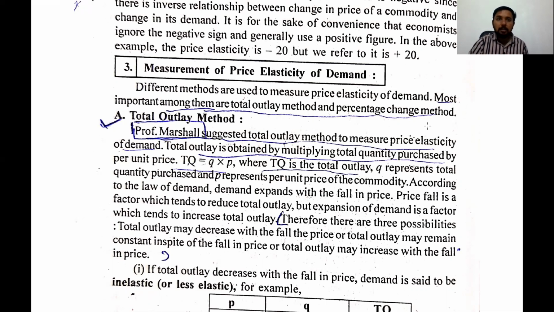So guys, in the measurement of price elasticity of demand, there are two different methods. The first is the total outlay method and the second is the percentage change method. So here we will discuss both methods.